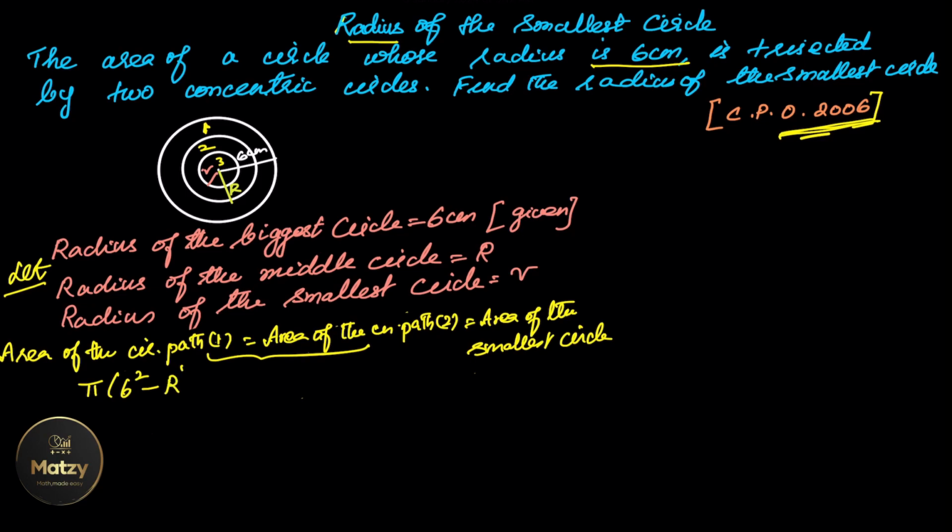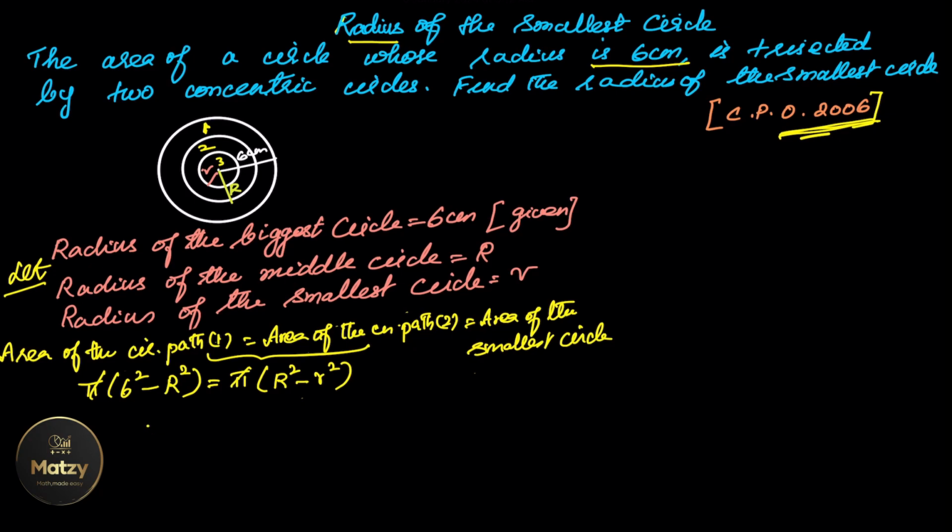So the area of the circular path 1 is equal to pi into 6 square minus capital R square. What about the area of the circular path 2? That is pi into, here the middle circle radius is capital R, so R square, minus the smaller circle radius small r square. Now pi and pi will go off.